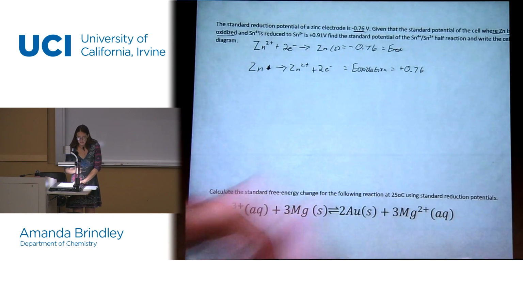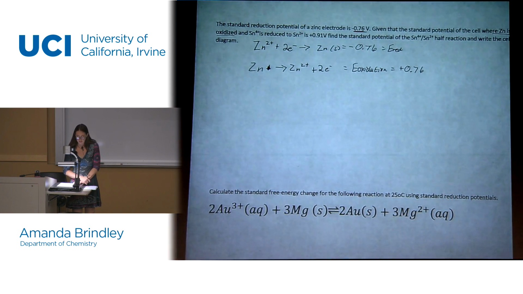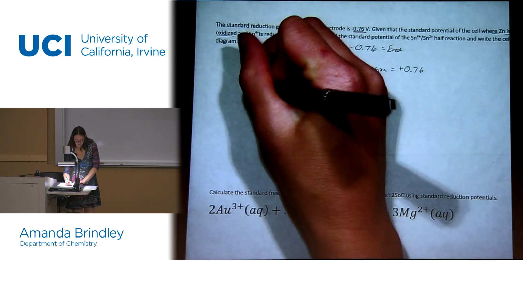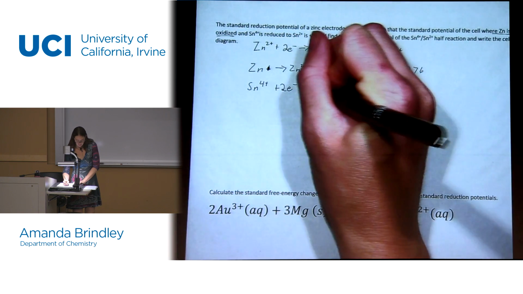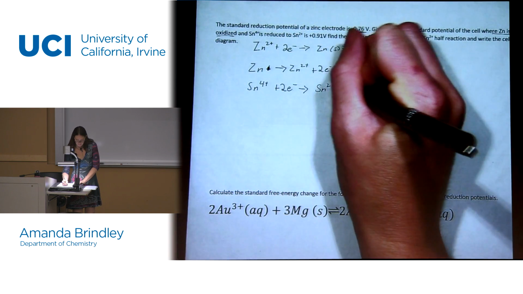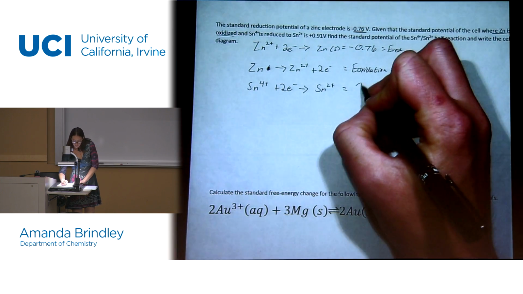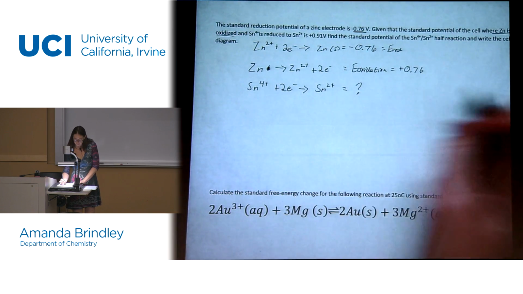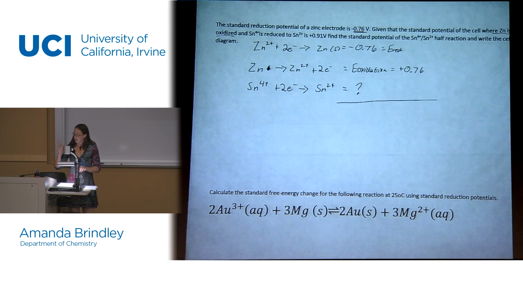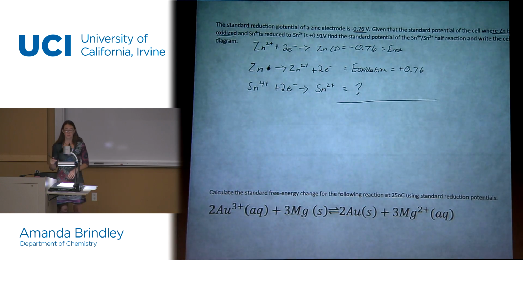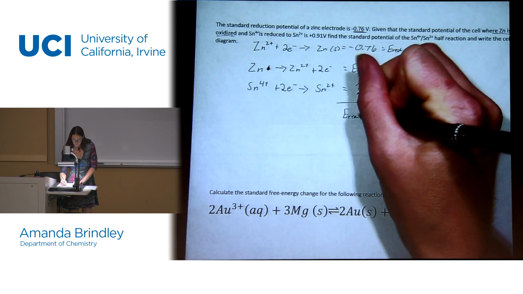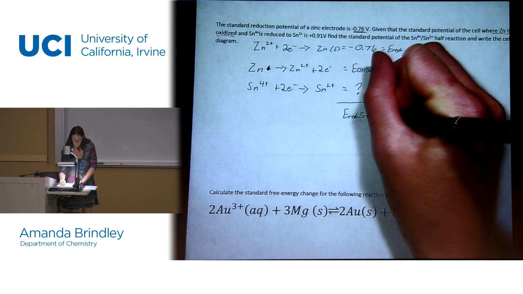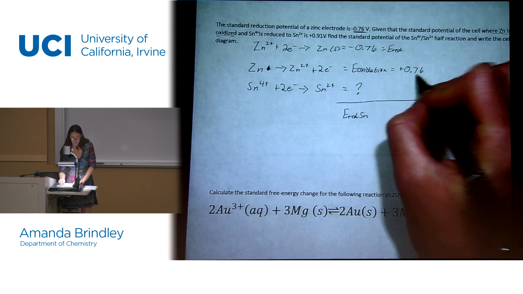Now, that means that if zinc is oxidized, what has to be true about tin? Is it being oxidized or reduced? It's got to be reduced. And we don't know what the reduction potential is. However, what we do know is if we take this thing that we don't know, and we add that in.